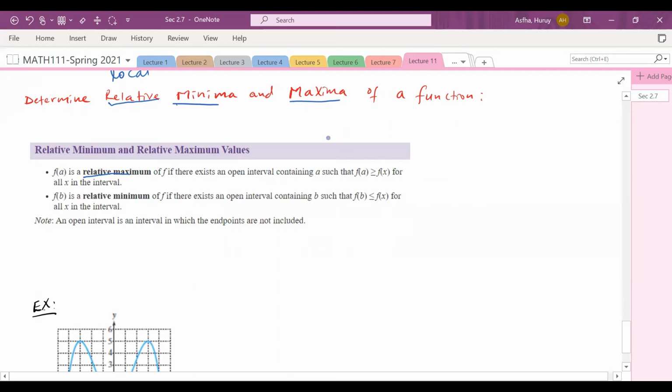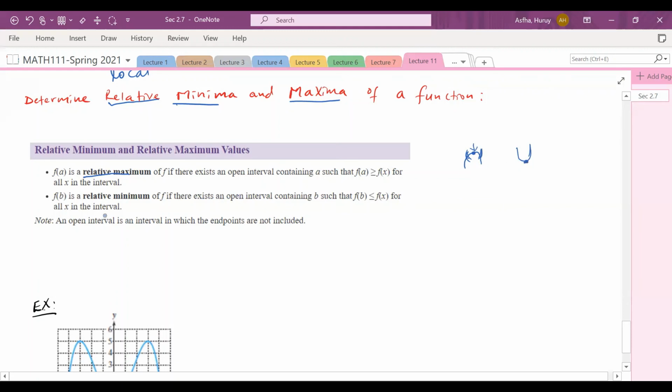Basically, when you look at the graph, if you take an open interval like this one, and in this interval this value is the highest compared to the points around it, then we call it a local maximum or relative maximum. Or if it is like this one, then we have a local minimum here.